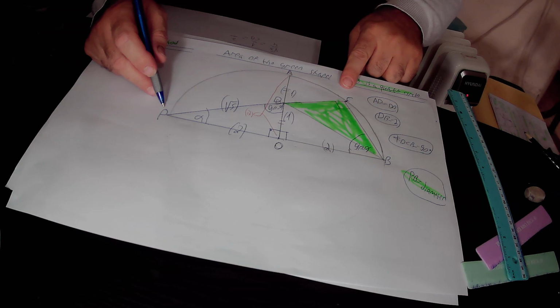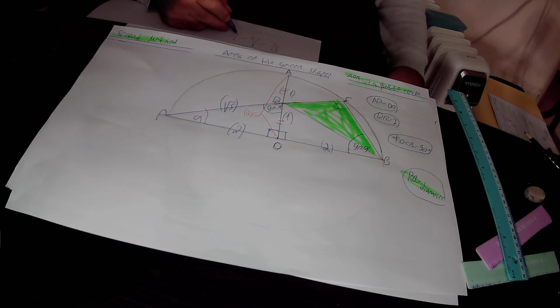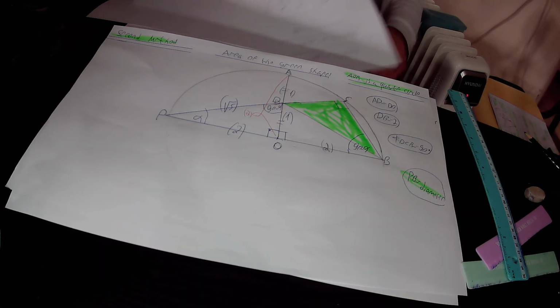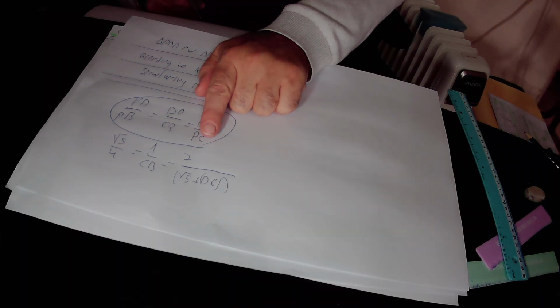PC in total equals the square root of 5 plus DC. So in total we find that the square root of 5 over 4 equals 1 over CB, which equals 2 over the square root of 5 plus DC.